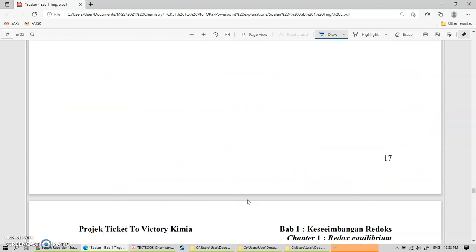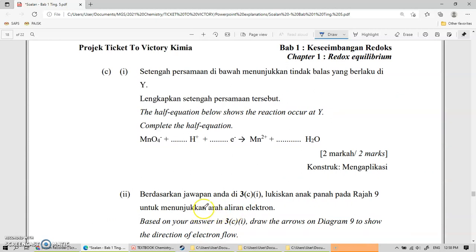They have given you the ions, you just have to complete it. This is the manganate ion. This H plus shows that it's acidified, and then it gains electron because it goes through reduction. Remember KMnO4 is an oxidizing agent, so it goes through reduction, gains electron, and becomes manganese ion. You just need to put the numbers in.